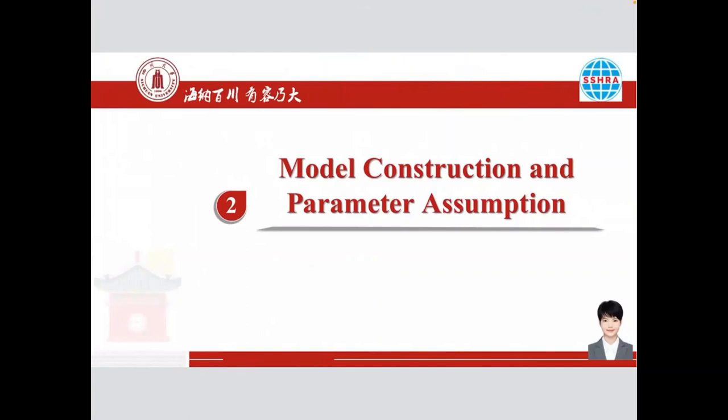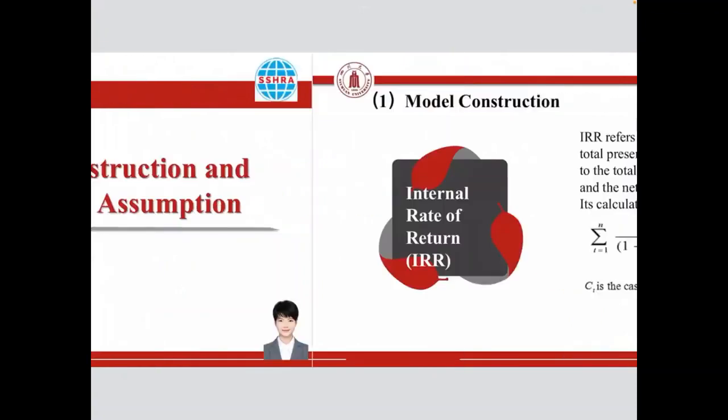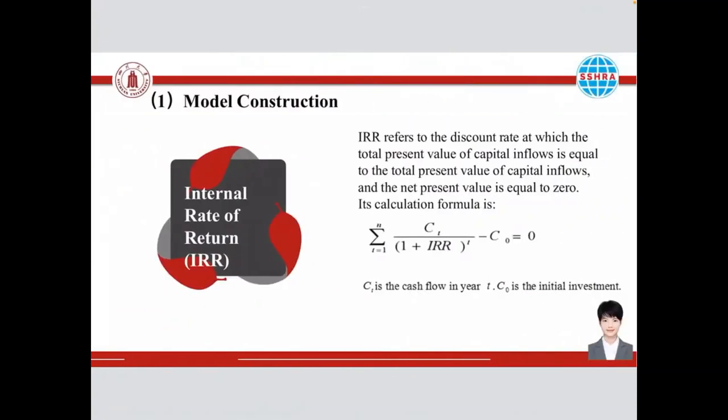Then I will show model construction and parameter assumption. First, let's look at model construction. The IRR refers to the discount rate at which the total present value of capital inflows is equal to the total present value of capital outflows, and the net present value is equal to 0.